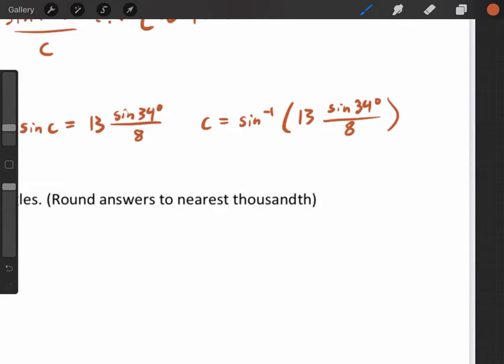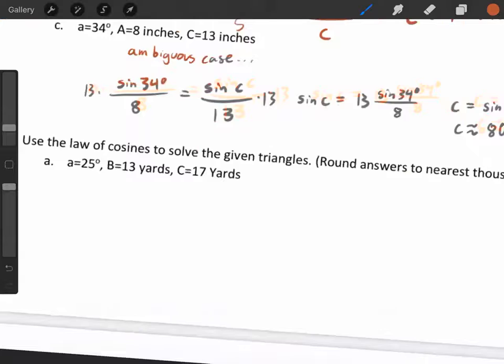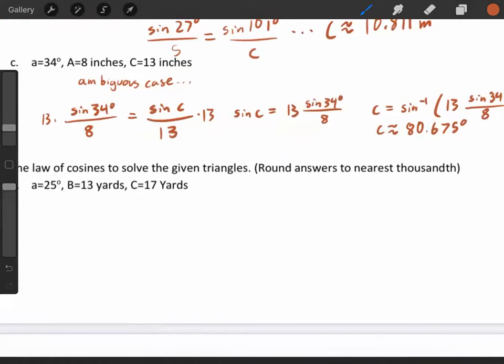So we have this sine, and then we can solve this by plugging it into our calculator, and we get c to be approximately 80.675 degrees, also rounding to the nearest thousandth. And now that we have this, we can solve the rest of it fairly simply.